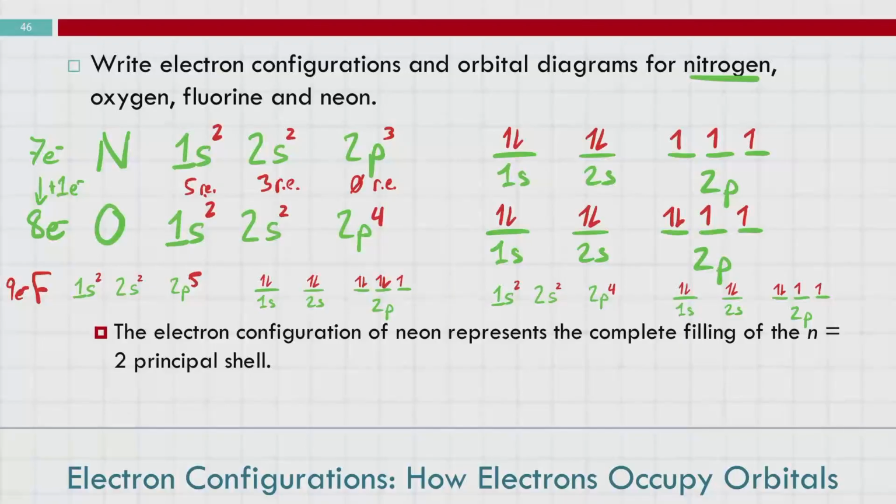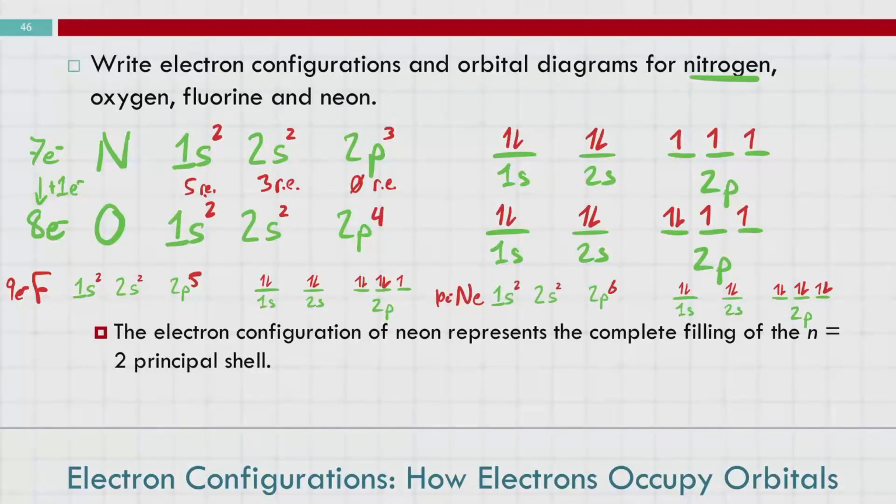And then for our last one, for neon, neon has 10 electrons. Instead of being 2p5, it's going to be 2p6. And it's got all of its electrons filled in, all of its orbitals filled in. So you've got 1s2, 2s2, 2p6, so you've got lots of up and down combinations.